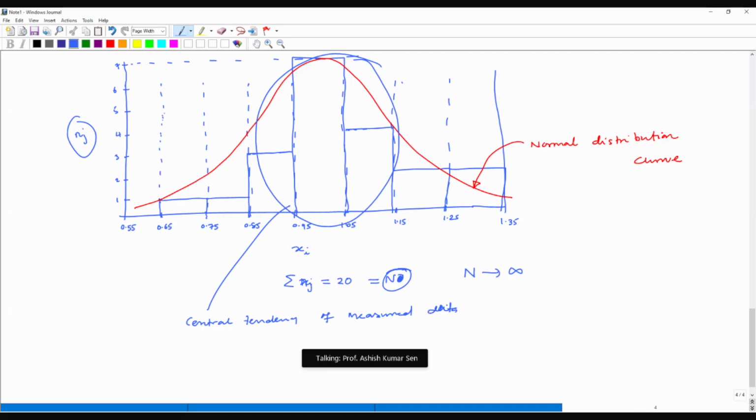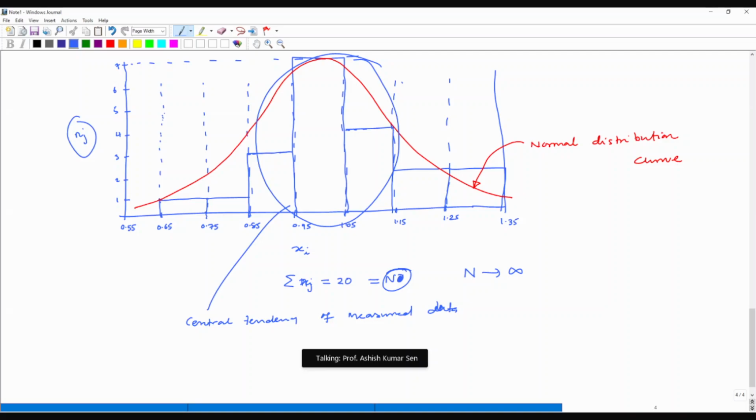So any carefully conducted experimental data should exhibit a central tendency. That means most of the data should fall around the mean value, where the frequency of occurrence is very high. That is where most of the data should lie.